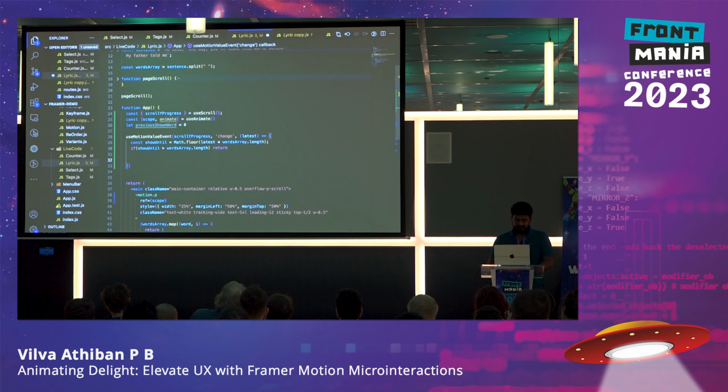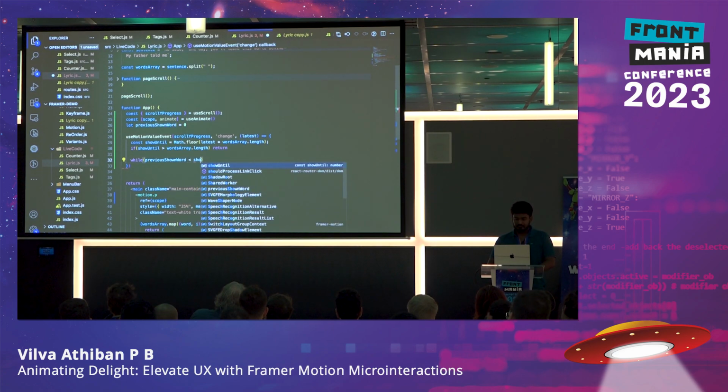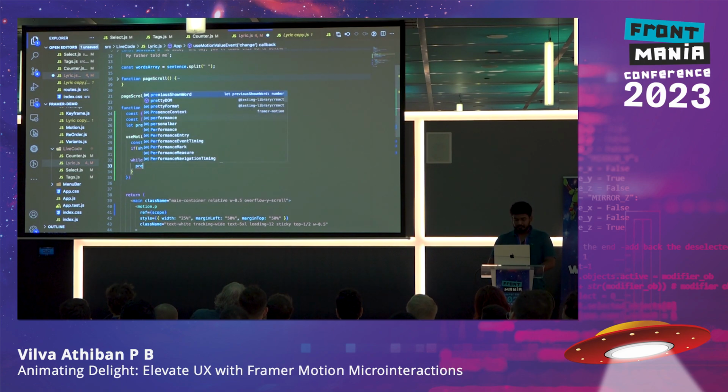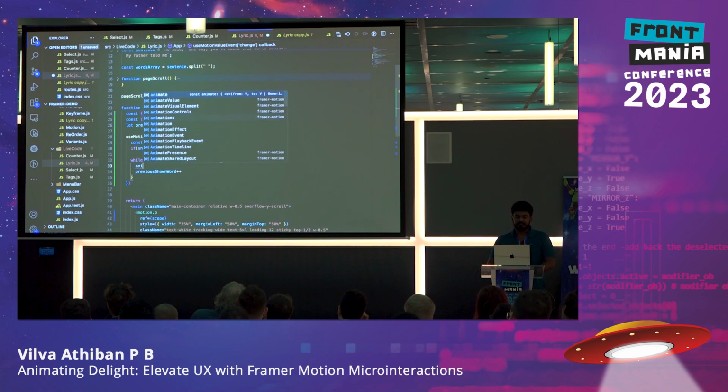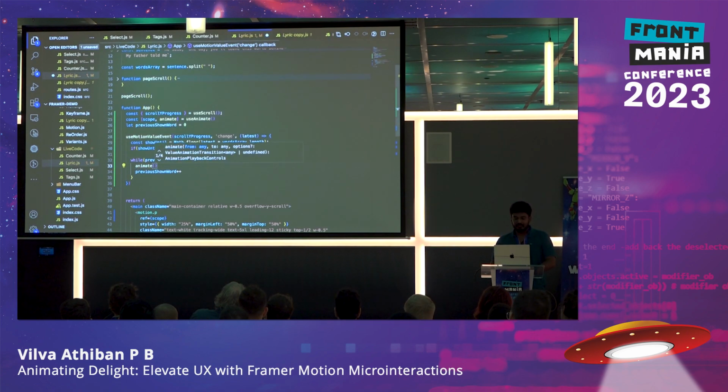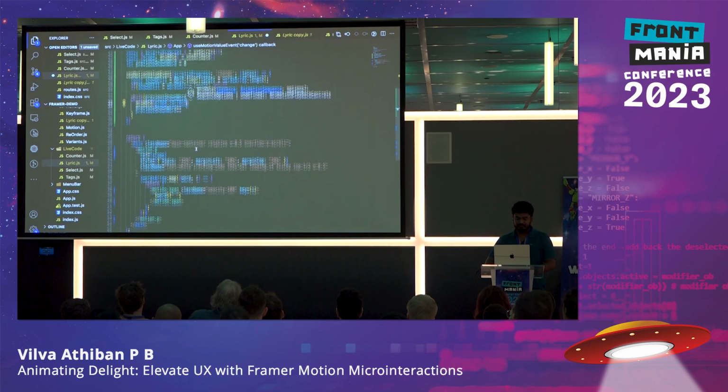But if it hasn't crossed, while previousShownWord is lesser than showUntil, previousShownWord plus plus. But now we will do the animating part. What are we going to animate? scope.current is nothing but my P element, the paragraph element.